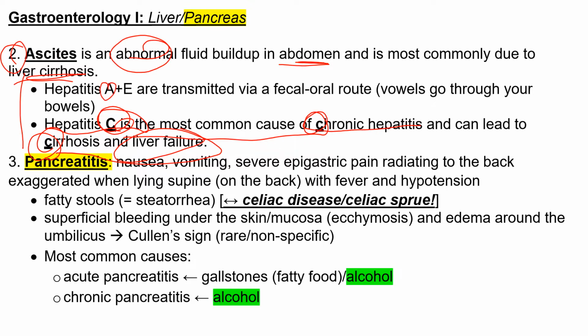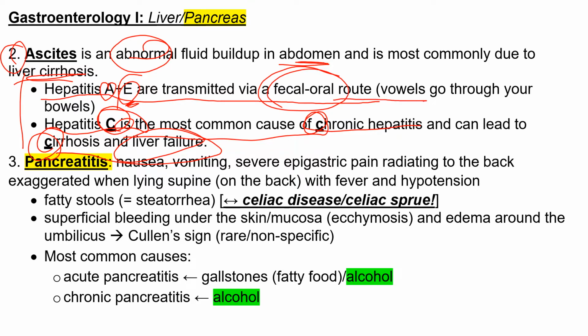Hepatitis A and E viruses. E is very uncommon in the US. You will very unlikely ever see anything related to hepatitis E, but hepatitis A is very commonly transmitted via the fecal-oral route, i.e. mouth and anus related.